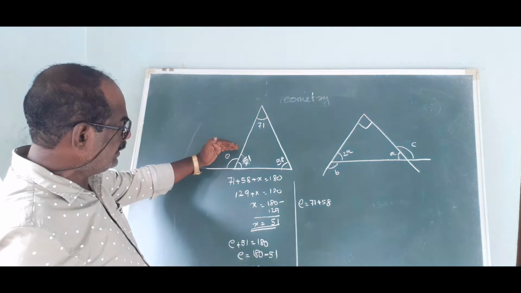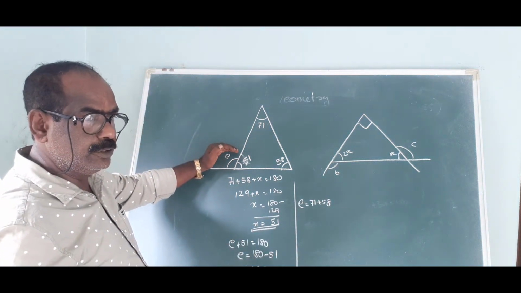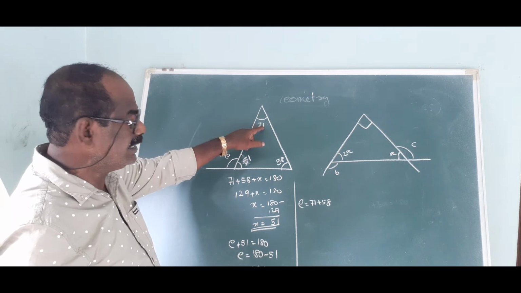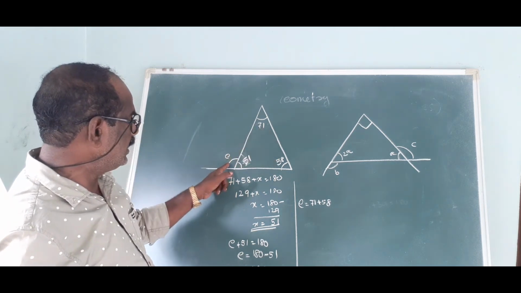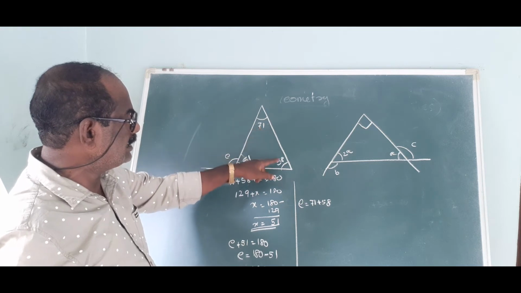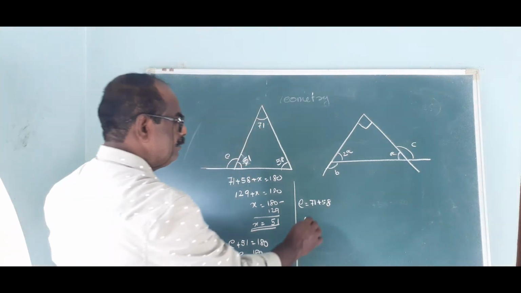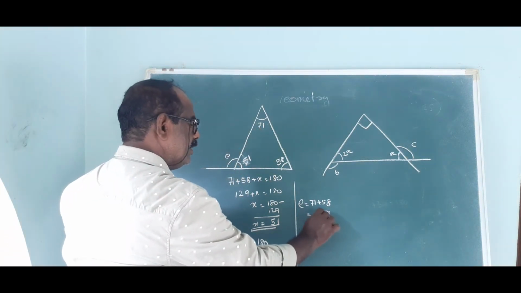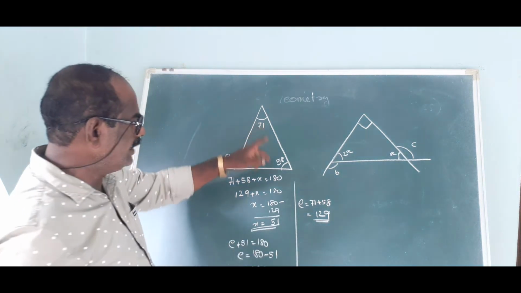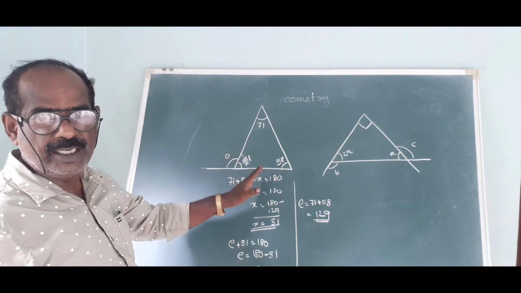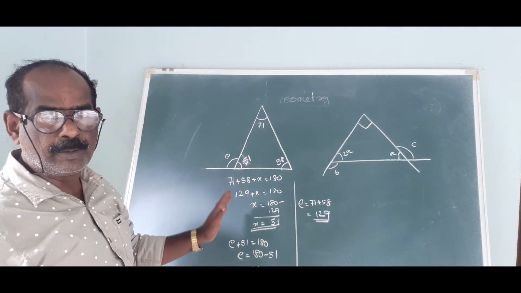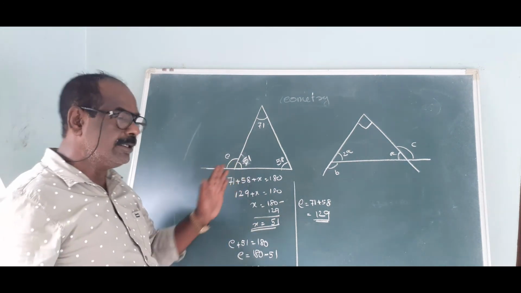The exterior angle is equal to the sum of the opposite interior angles of the triangle. Opposite to E, this is the exterior angle. The sum of the opposite angles 71 and 58, we are adding, means 129. In two ways you can find the answer. This is the problem with respect to the properties.